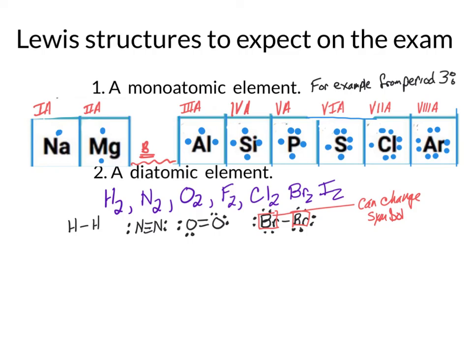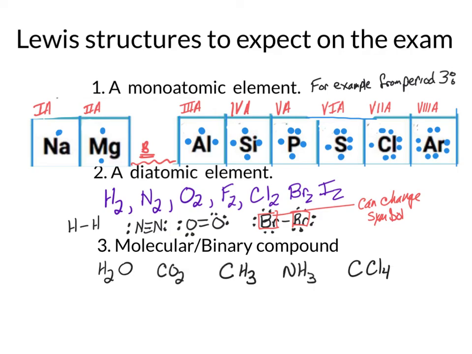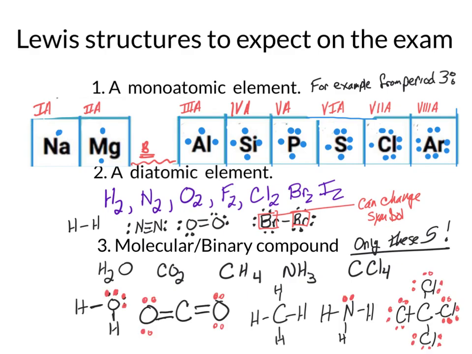And number 3, you will be asked to do one for a molecular compound, binary compound. That is going to be one of the 5 that I mentioned. You will get practice with other ones in your online homework, but one of those 5 will be on your exam, nothing else. And there will be no questions on the exam about the Lewis dot structure of ionic compounds. We'll be doing other stuff with it, but you won't be doing the Lewis dot structure.